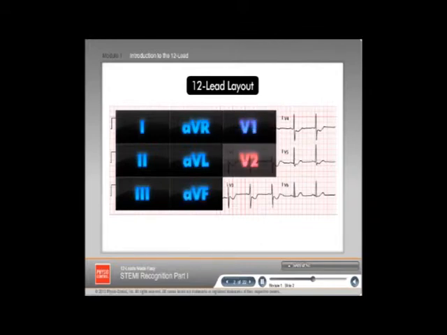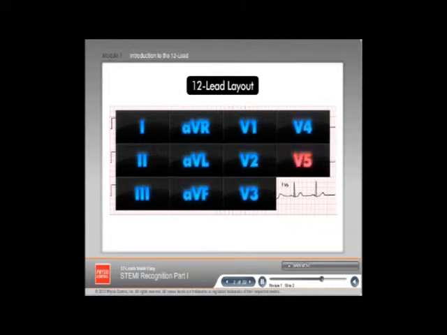Leads V1, V2, and V3 are found in the third column, while V4, V5, and V6 are in the last column. While other formats exist for displaying the 12 lead, this format is by far the most common.